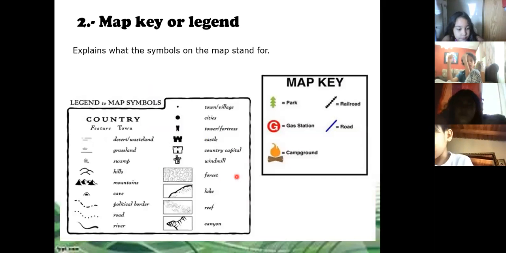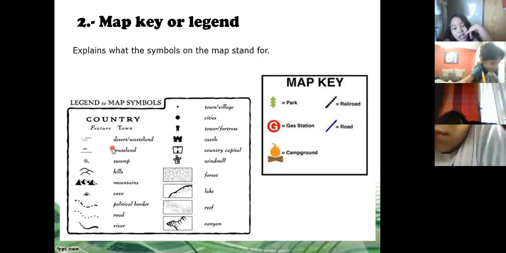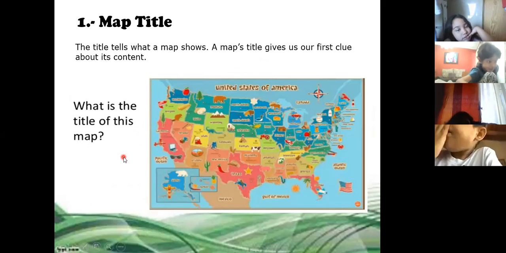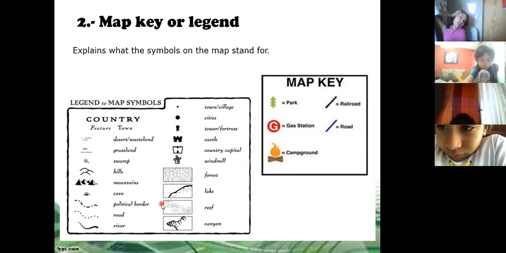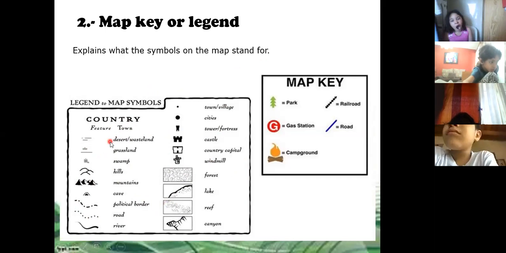A second part is the map key or legend. What is a map key? Remember that it explains the symbols of the map. What does each one stand for? For example, in this map, here we don't have it. But most maps can have a map key or legend on the left side, or on the right side, with the symbols.